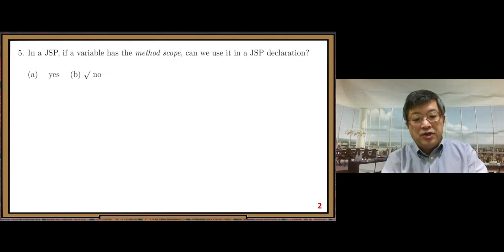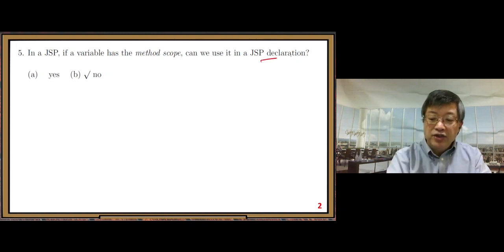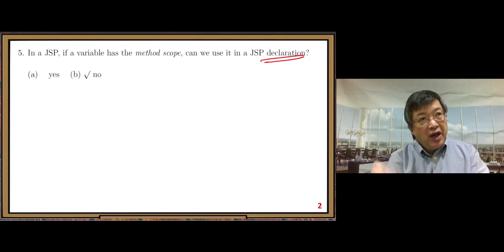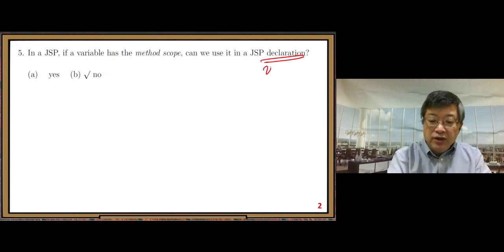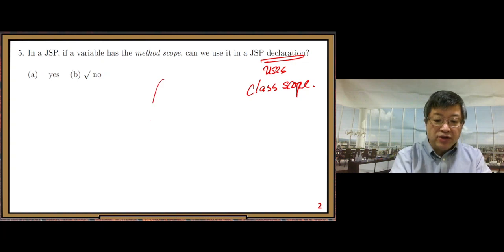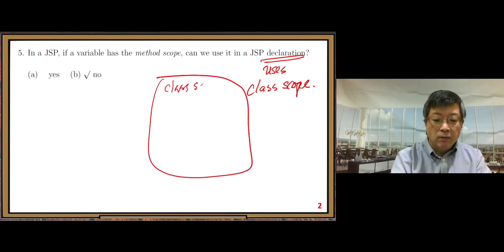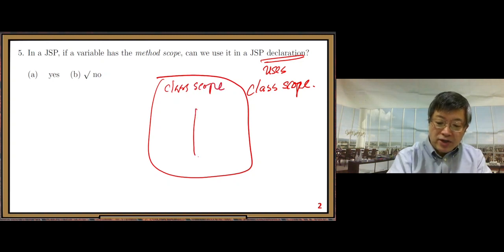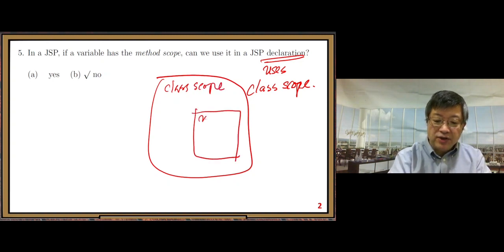All right, number 5. If a variable has method scope, can we use it in a JSP declaration? The answer is no. First, you need to understand that a JSP declaration uses class scope, not method scope. Class scope is bigger than method scope. The method scope is inside the class.